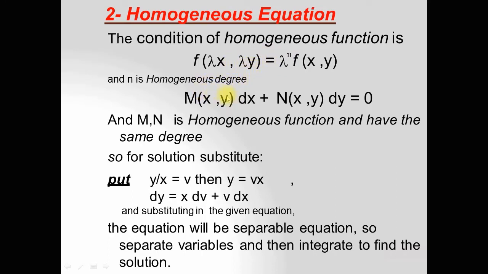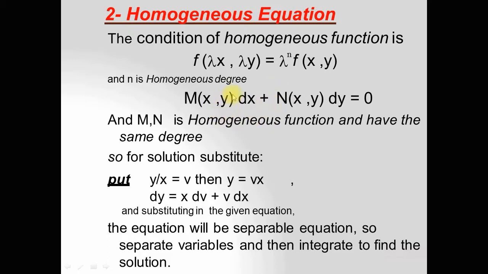And since we have a first order differential equation like M of x y dx plus N of x y dy is equal to 0, if the functions M and N are homogeneous, then this differential equation will be a homogeneous differential equation.